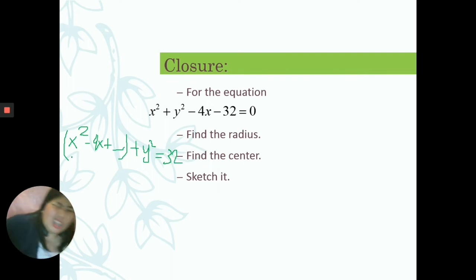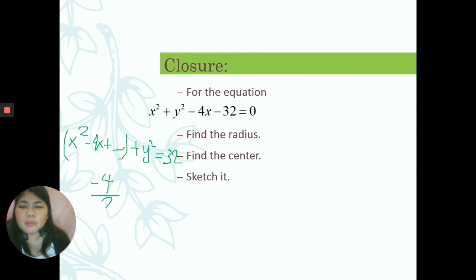Then complete the square. As I mentioned earlier, get the half of your middle term. Your middle term is negative 4. Get the half of it. If you are already familiar with this, you can skip this step and just go straight to the equation.